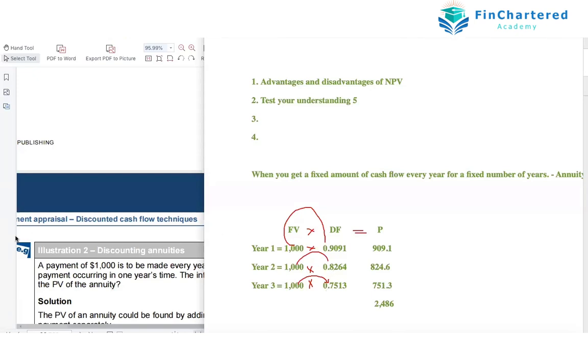Tell me one thing, guys. The amount is the same every year. Instead of multiplying 1000 with each of them, maybe I'll just multiply 1000 with the total of all this. That is 0.909 plus 0.826 plus 0.751. How much will it be? Add this up: 0.9091 plus 0.8264 plus 0.7513. How much is it?